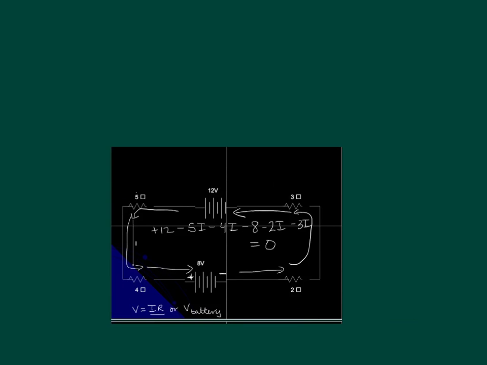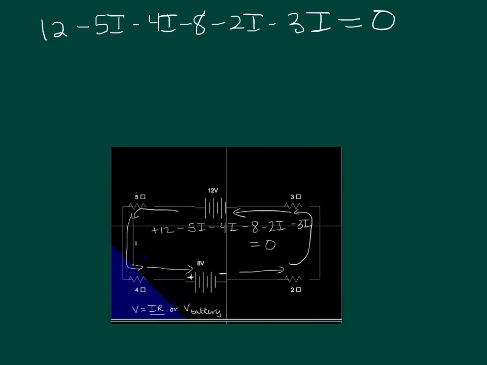So the equation we have is 12 minus 5I minus 4I minus 8 minus 2I minus 3I, and that all equals 0. Combining like terms, we have the 12 and the 8, so 12 minus 8 is 4, minus, and then we have 5, 9, 10, 11, 14I, equals 0.